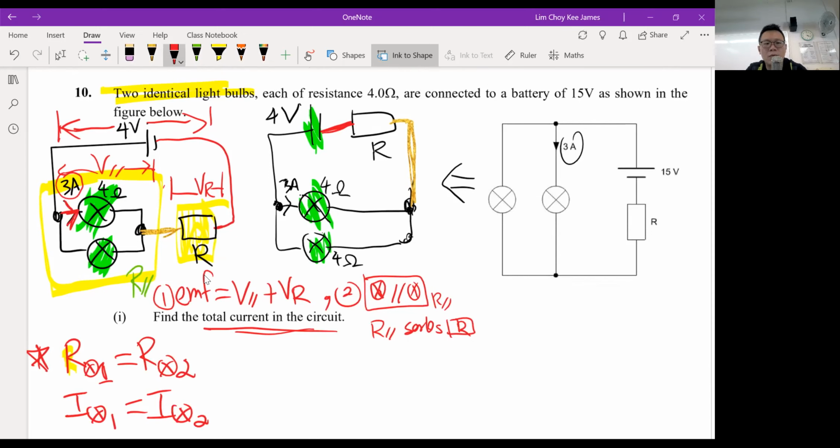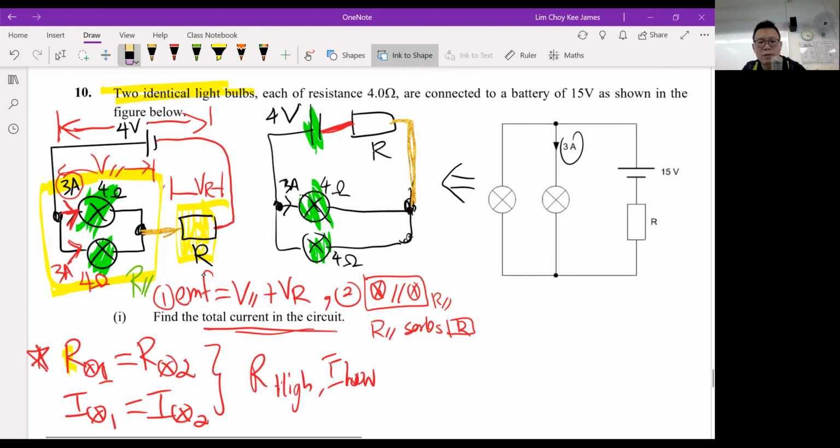Because the resistance is the same, 4 ohms, the current in the second branch is automatically 3 mA also, because the resistance dictates the current. The higher the resistance, the lower the current. If you have the same resistance, you will have the same current, which is the inherent property of resistance and current, and vice versa.